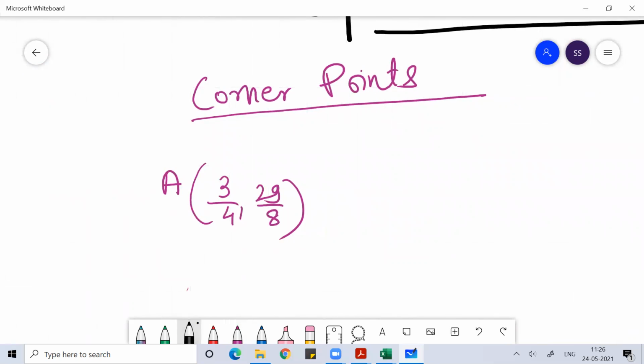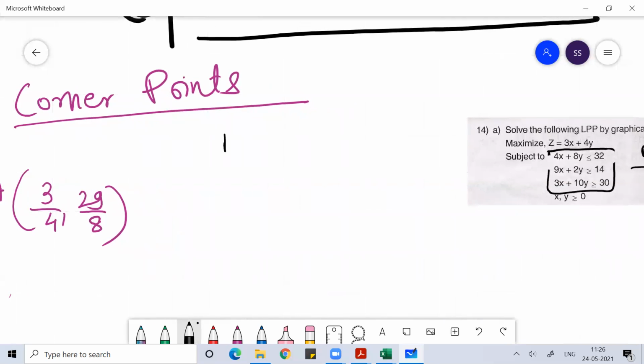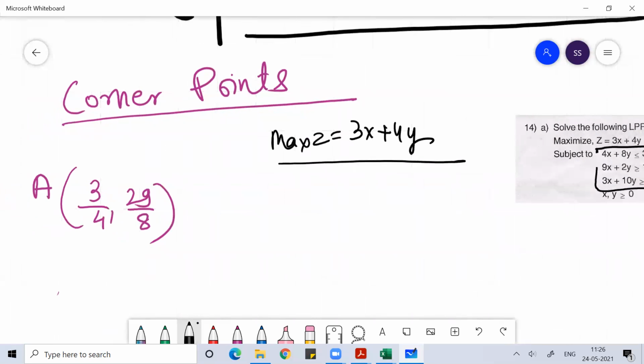And your objective function is what? Maximize Z, which is equal to 3x plus 4y. Put the points in this equation and see where you're getting the maximum value. So what is the Z value here? Z value will be 3 into 3 by 4 plus 4 into 29 by 8.